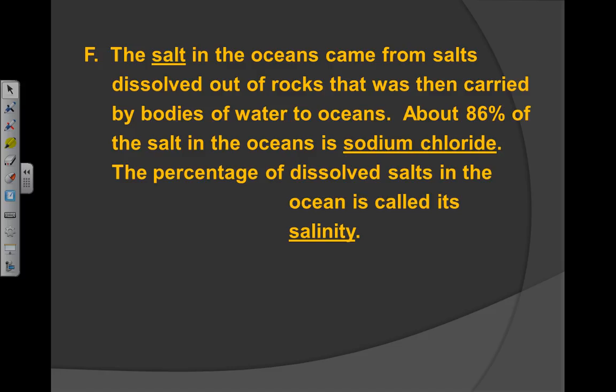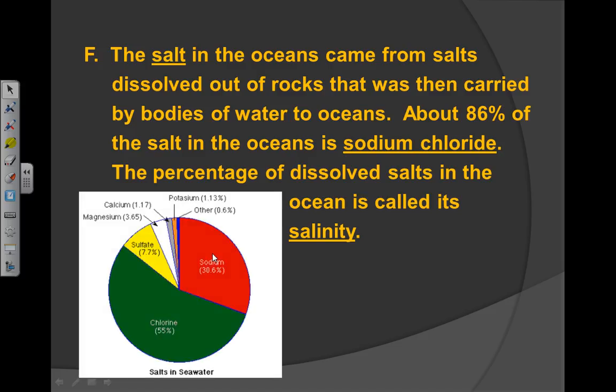About 86% of the salt in the ocean is sodium chloride. So if you look at this chart, you can see the green is chlorine and the red is sodium. If you add those two together to get sodium chloride, that's where you get the 86%. So of the salt in the ocean, 86% is sodium chloride.